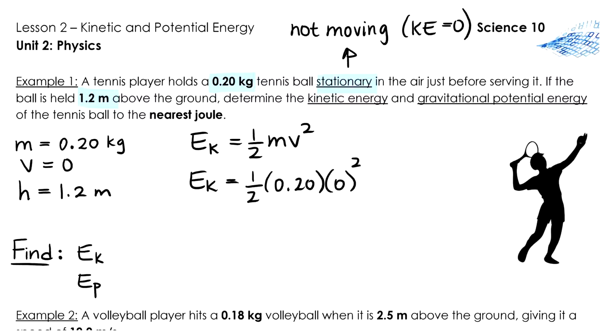Now you can go ahead and type this into your calculator, or you can just recall that multiplying any number by 0 is just going to make it equal 0. So our kinetic energy is 0 joules. This is our final answer, so I'm going to put a little box around it.